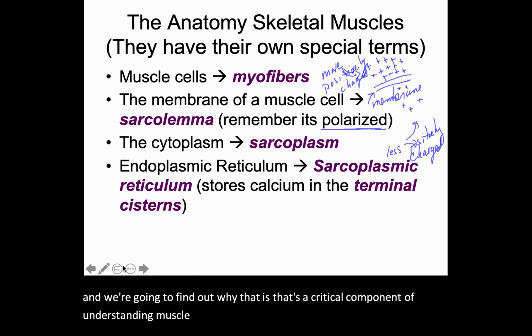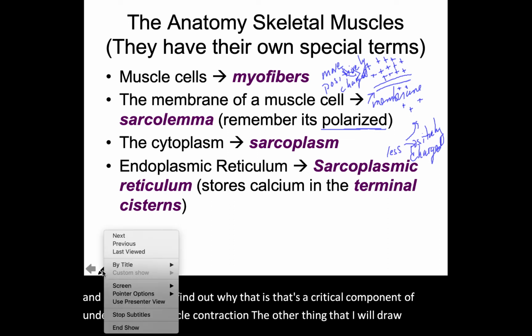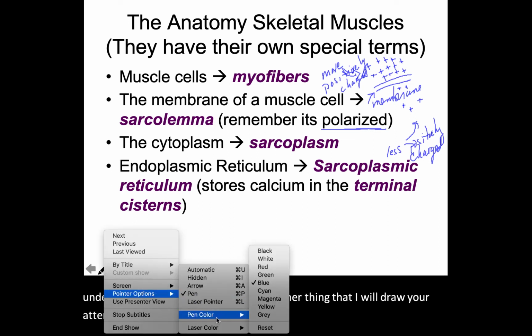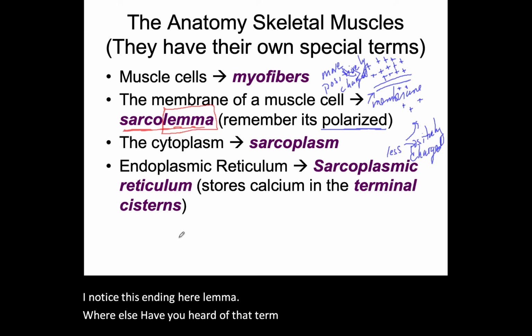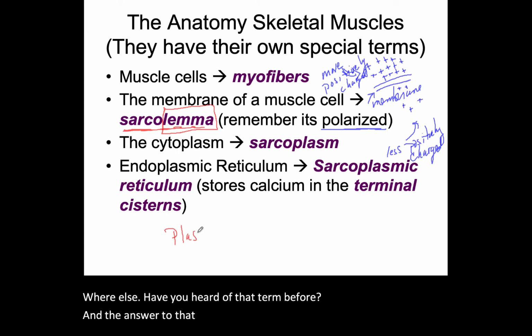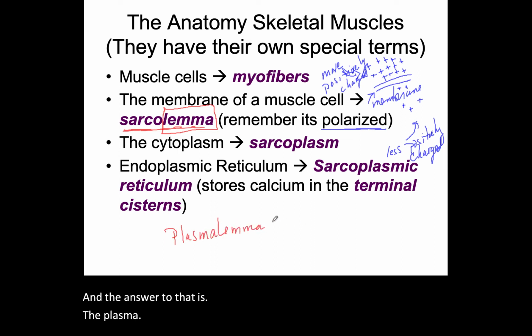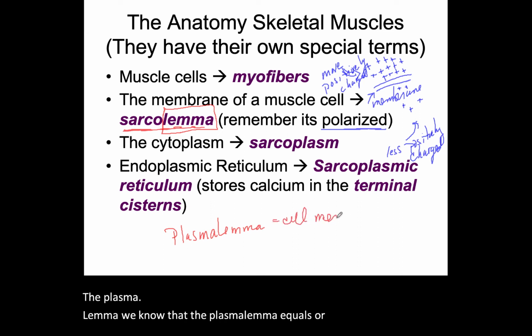The other thing that I will draw your attention to is when we talk about the sarcolemma, notice this ending here, lemma. Where else have you heard of that term before? And the answer to that is the plasmalemma. We know that the plasmalemma means cell membrane.